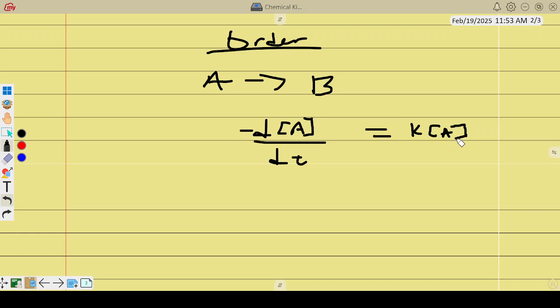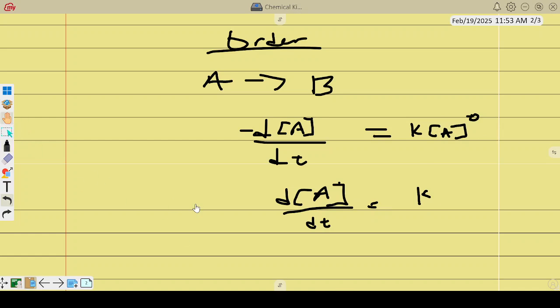Since it's a zero order reaction, it means it's going to have a power 0. You see that? So we're going to have dA dt equal to k, because this will just remain 1.